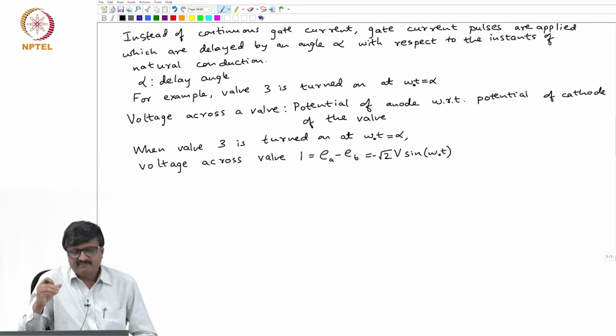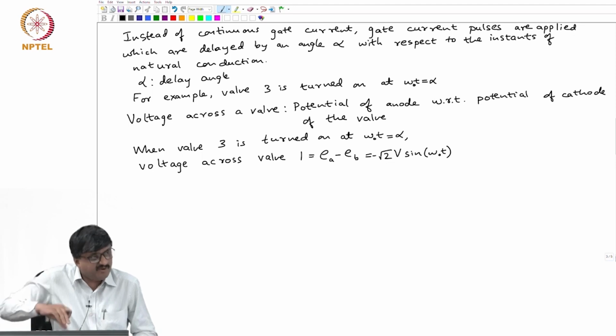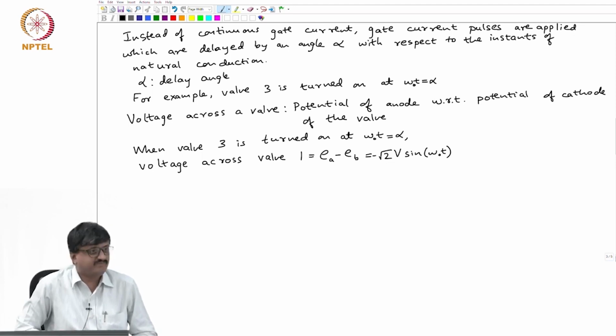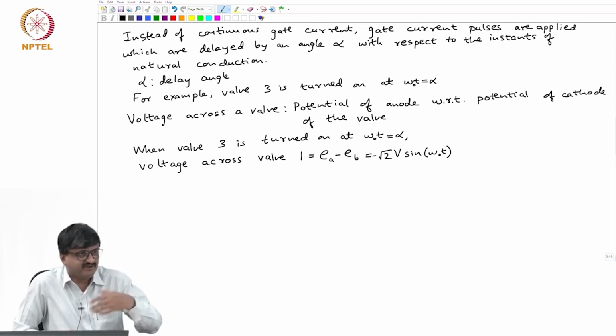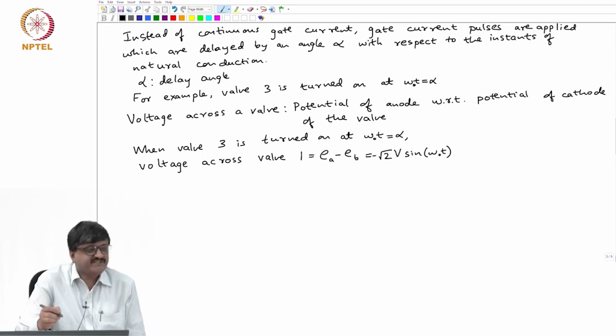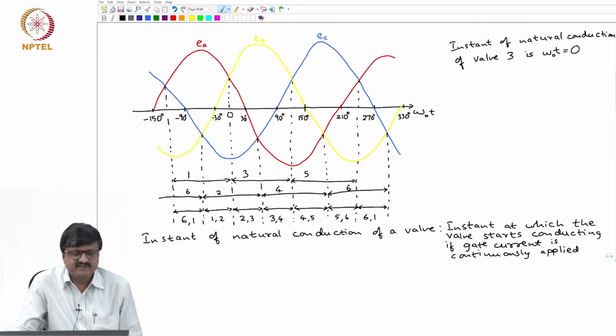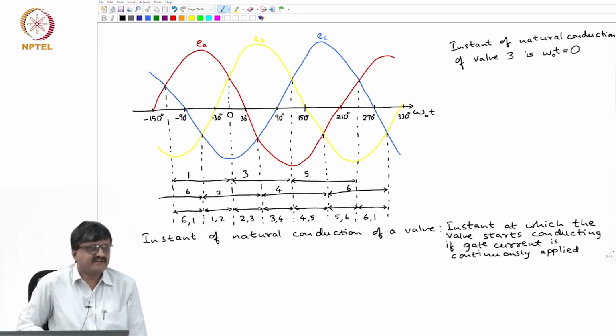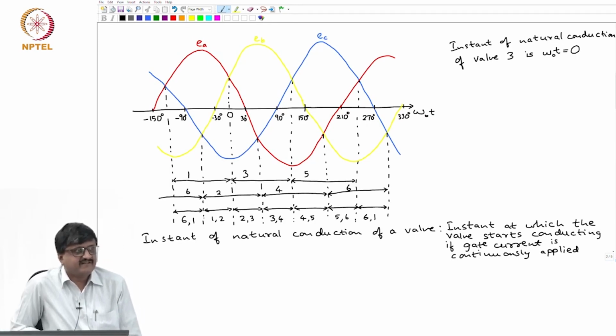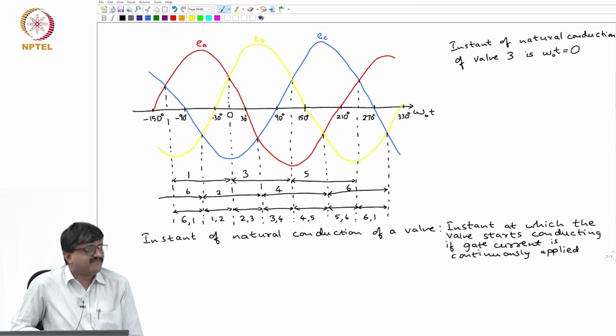But before the next thyristor in the same commutation group starts conducting, one more thyristor valve in the other commutation group starts conducting, that is 4. 3 is in the upper commutation group, 4 is in the lower commutation group. You can refer to this figure where I have considered continuous gate current. So, 4 is turned on at 60 plus alpha.